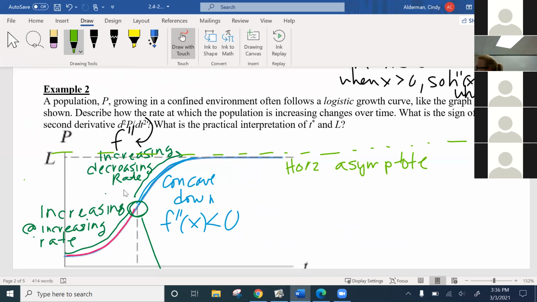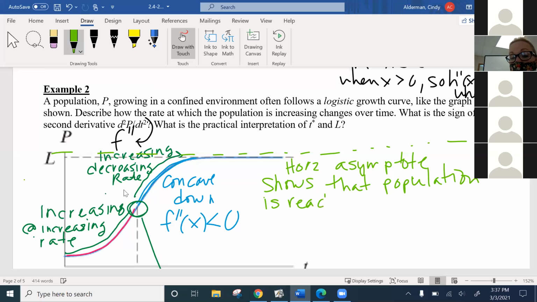And what it shows is that it is reaching its carrying capacity. Usually these are used for population models, but obviously the number of cases is the same kind of thing as the number of people, right? It shows that the population is reaching carrying capacity.